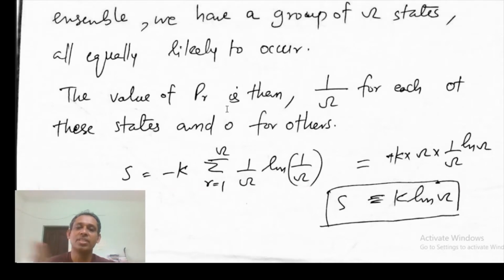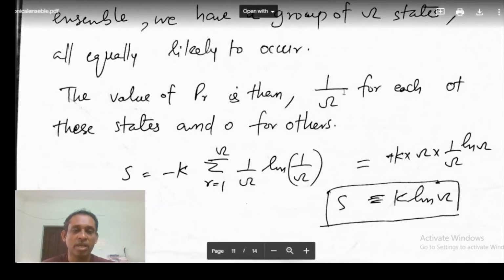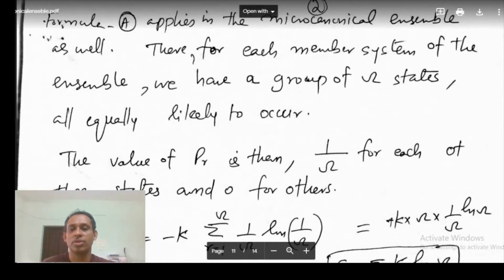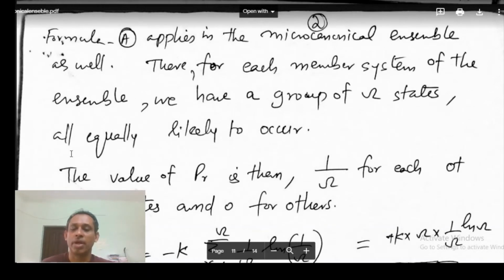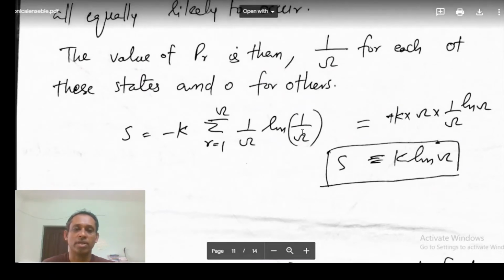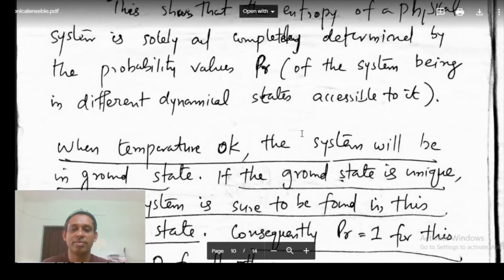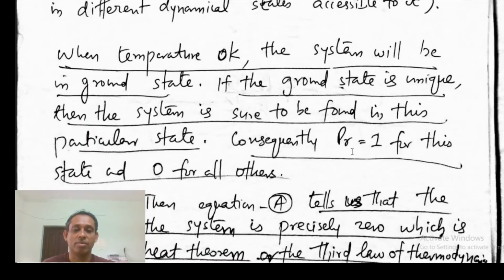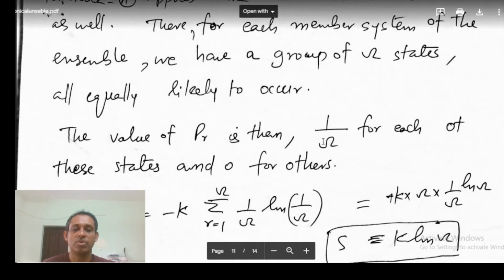The probability for the system to be in a given state is 1 by omega, and it is the same for all states because of the equal a priori probability. So here for the probability, what I am writing is 1 by omega. Okay, omega is the number of microstates, so 1 by omega.